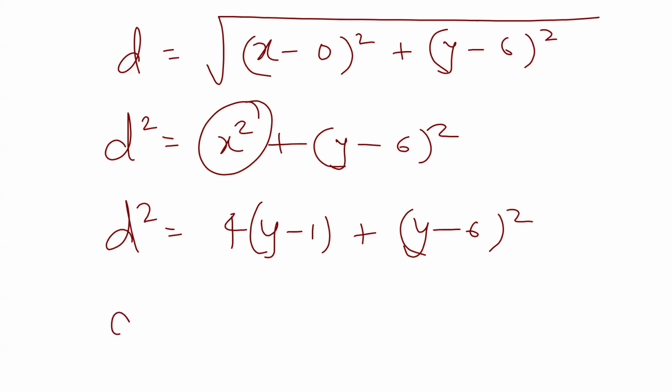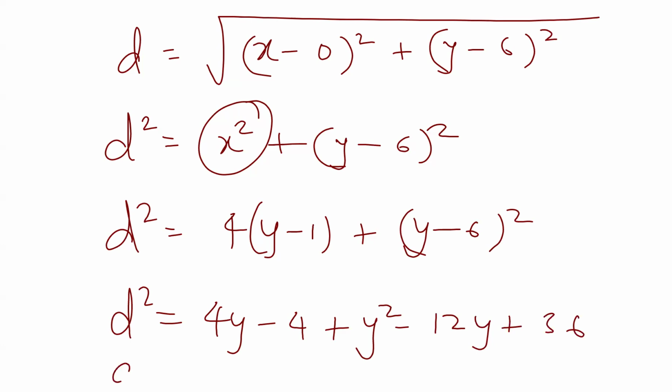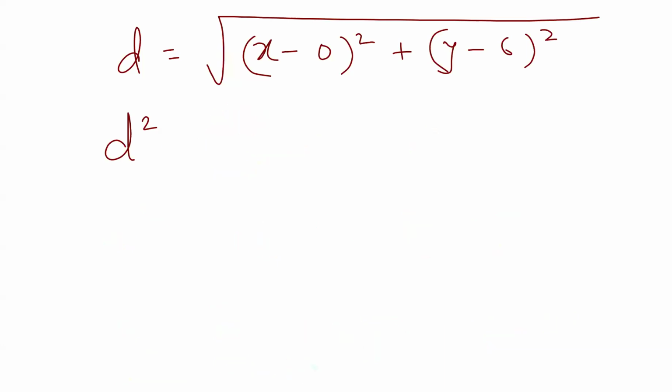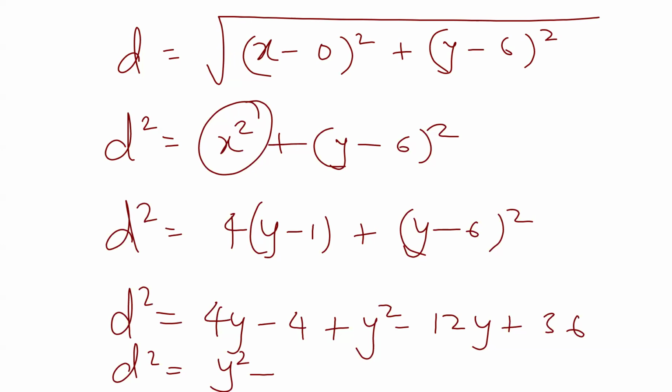Okay. So d square is equal to 4y minus 4 plus y square minus 12y plus 36. So d square is equal to y square minus 8y plus 40.